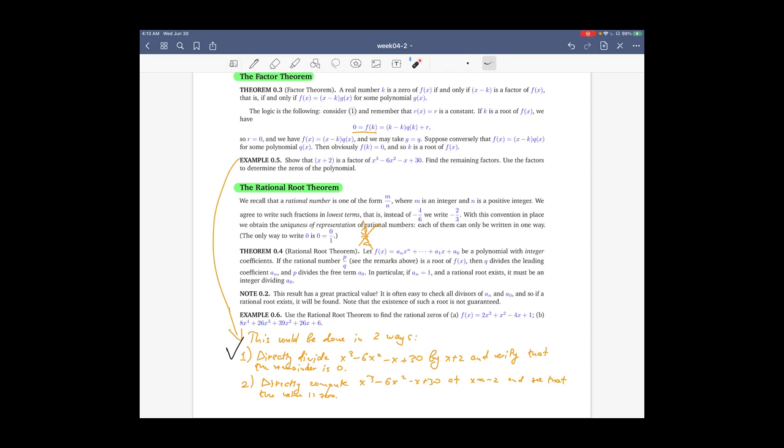Then the denominator of this fraction, q, divides the leading coefficient a sub n, and the numerator of that fraction, p, divides the free term a sub 0.